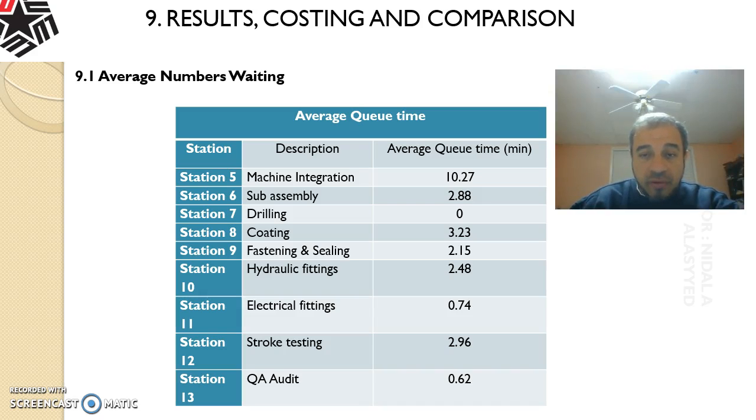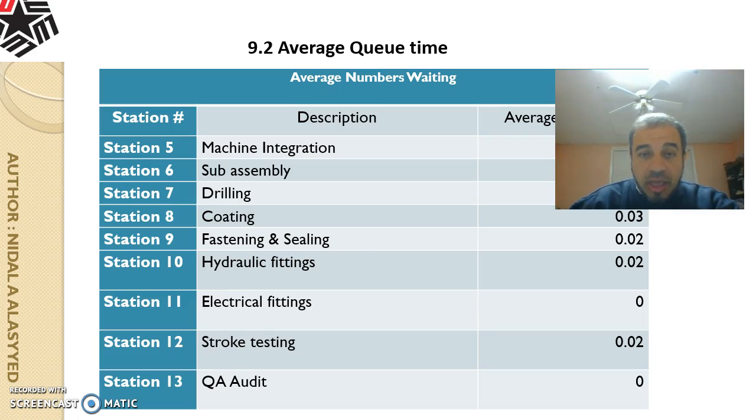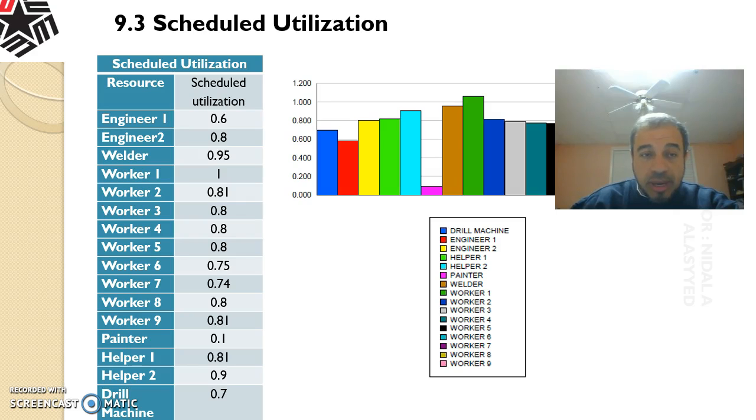It will show you the average queue time in each station, station 5, station 6, and it also shows how the sequence reduces the time in each station. The average queue time, before and after: you see how the numbers are much lower for the drilling, coating, and hydraulic sections mainly.